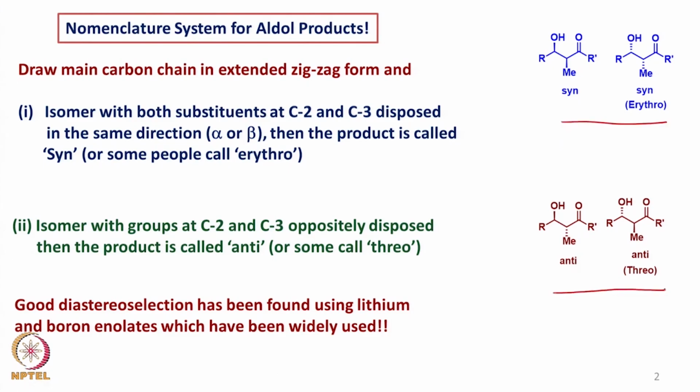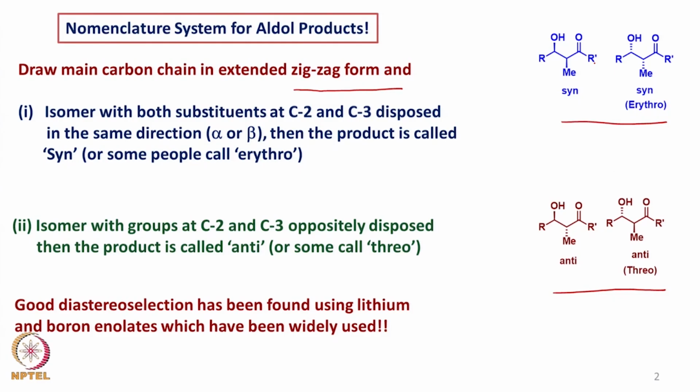As you can see here, it is a syn product in which the two hydroxy groups are oriented in the same direction, and the same is the case here. First of all, what you have to draw is a main carbon chain extended in a zigzag form. So this is the R-C-C-C-R prime main chain written in zigzag form.